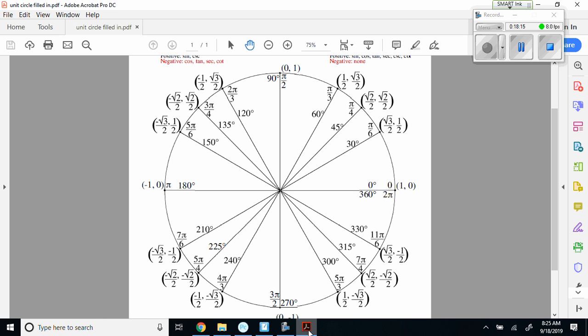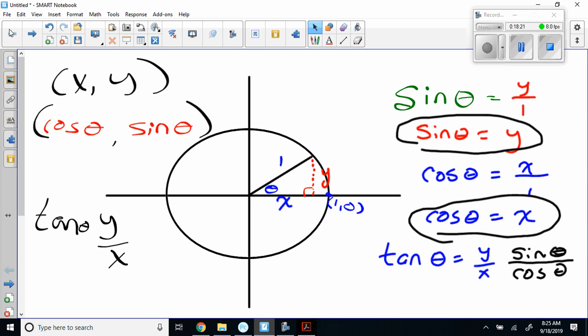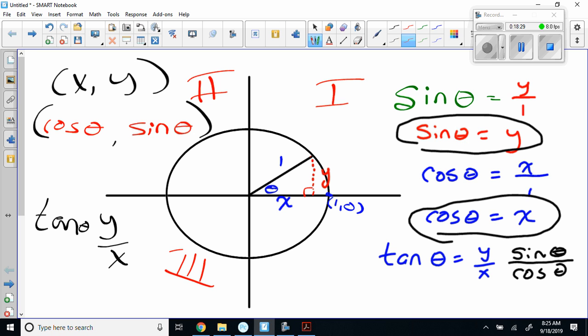Right? Well, let me go back to this one. Okay? Quadrant 1, quadrant what? 2, quadrant 3. Woo! Run away. 3 and quadrant what?